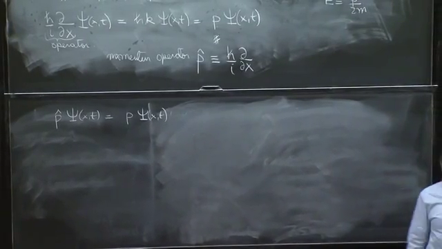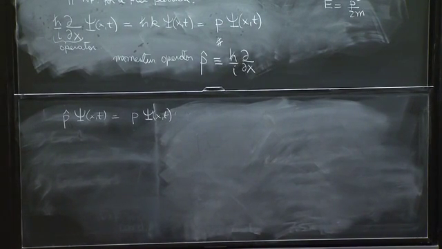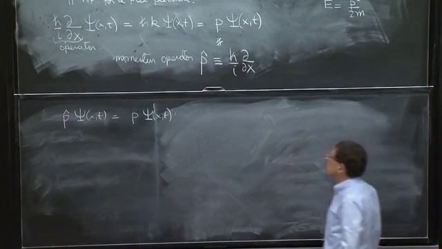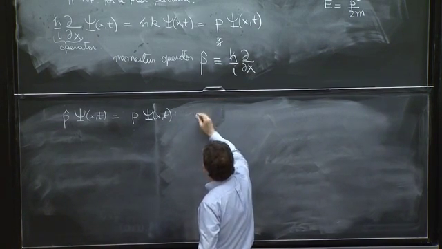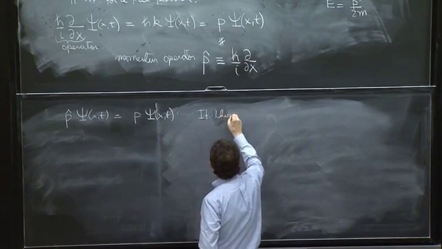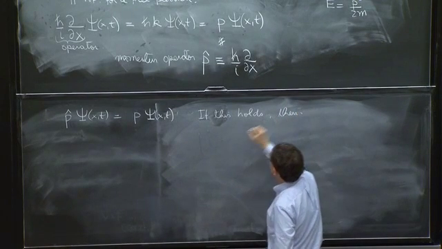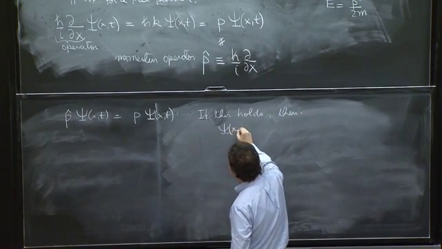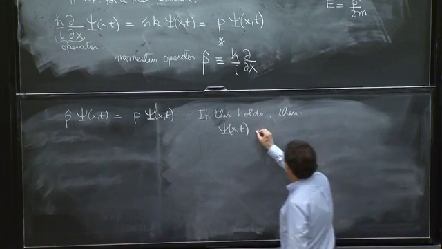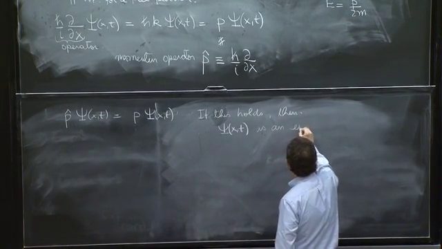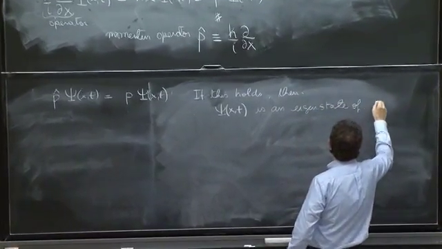So we say a few things. It's a language that we're going to be using all the time. We call this wave function, this psi, if this holds, then we say that psi of x and t is an eigenstate of the momentum operator.